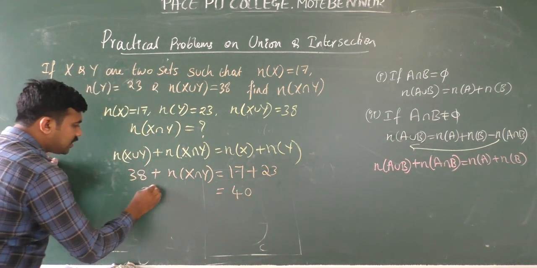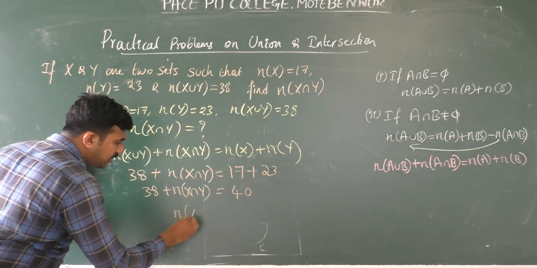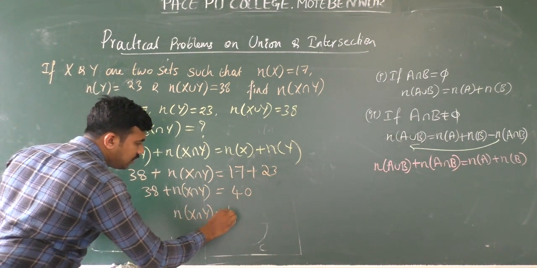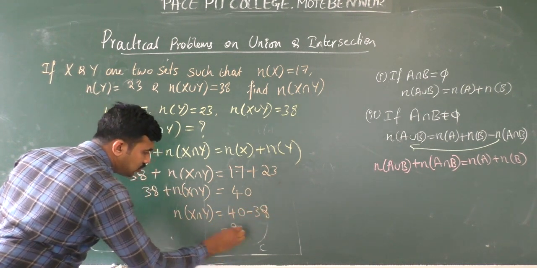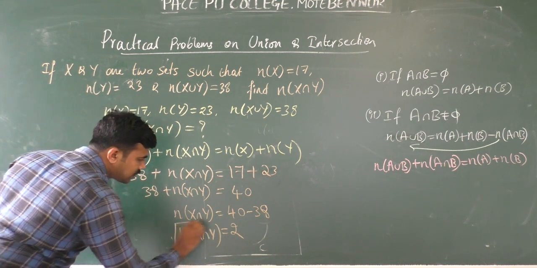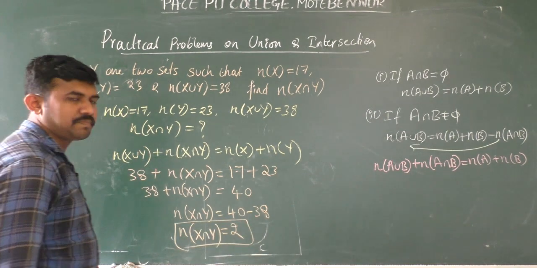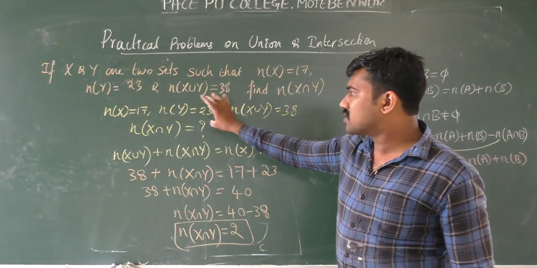So 38 plus n of x intersection y is 40, so n of x intersection y is 40 minus 38, which is 2. So n of x intersection y is equal to 2. Very simple, right?